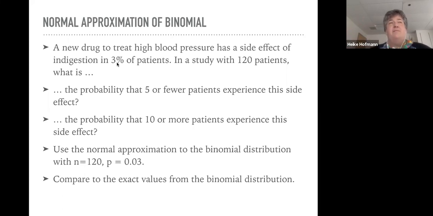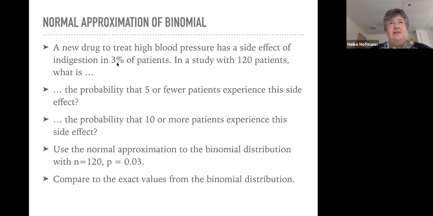The number of patients that have indigestion is really a binomial distribution with 120 patients and a probability for the side effect that's of interest to us of 3%. Then we can express that number of patients as having a binomial distribution.